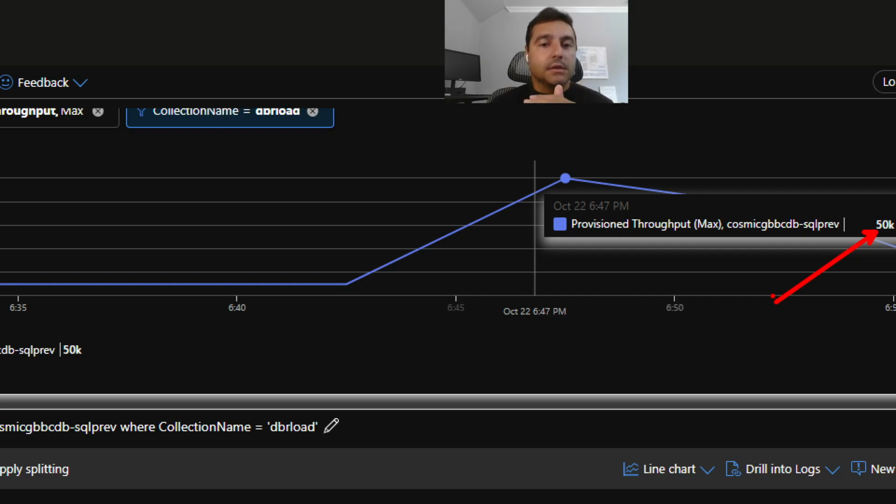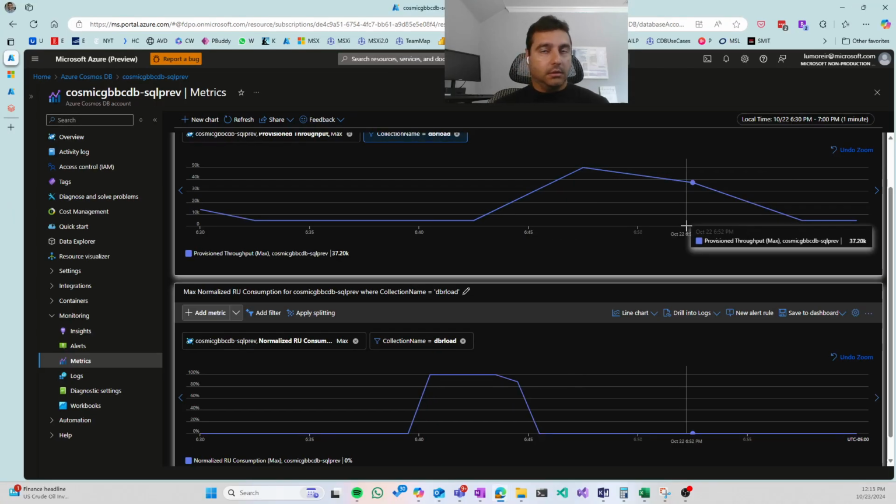So it means that the workload that was executing, when it reached 100% normalized RU, did indeed push the autoscale to the maximum limits that I have for that container. Okay, so yes, I'm seeing 100% normalized RU, and I push the limits to the maximum.